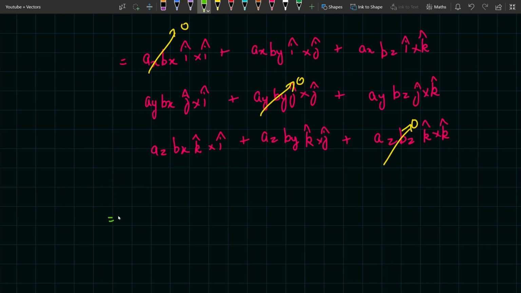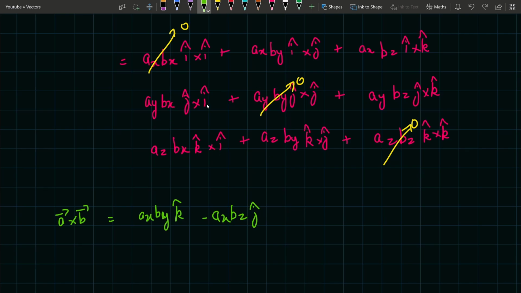So a cross b will become ax by, i cross j is k cap, and plus ax bz, i cross k is minus j, so I'll put minus ax bz j cap.